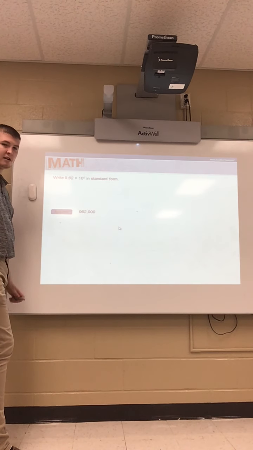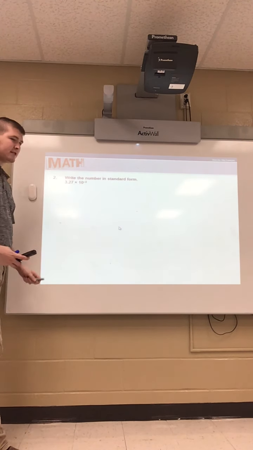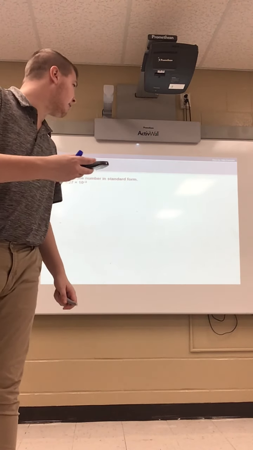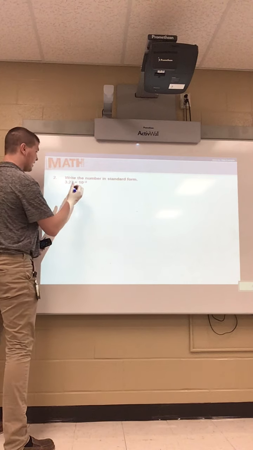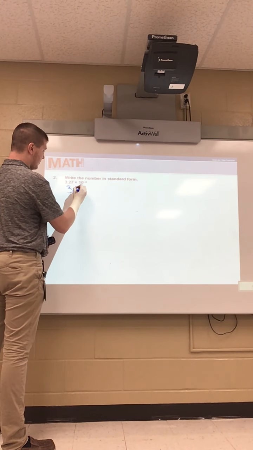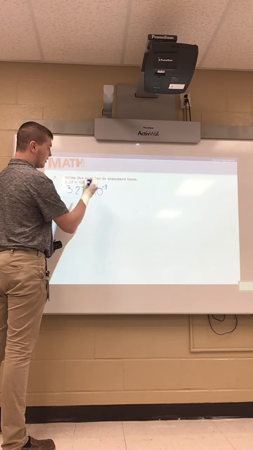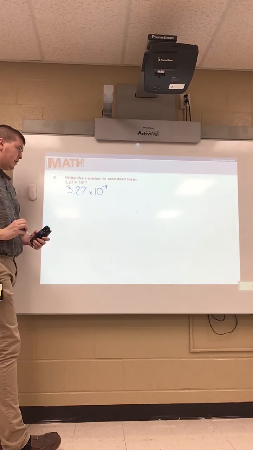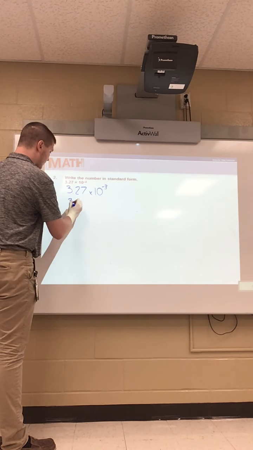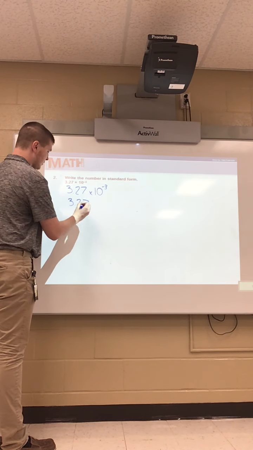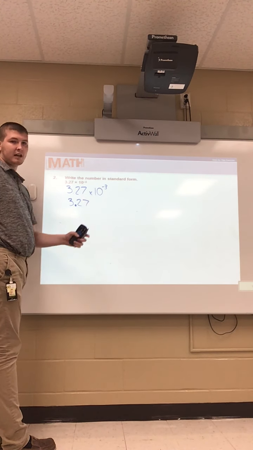You should get 962,000. Well, what happens if we have a negative exponent? Still the same thing. This is 3.27 times 10 to the negative third. Rewrite your number. Here's where our decimal is, and it says negative 3.